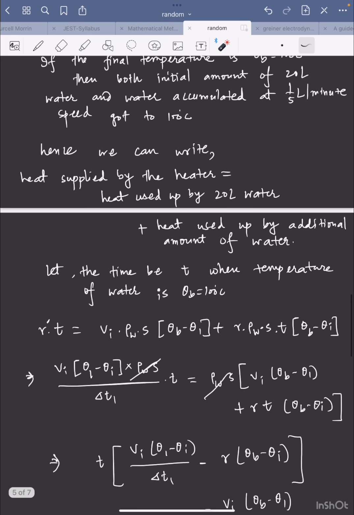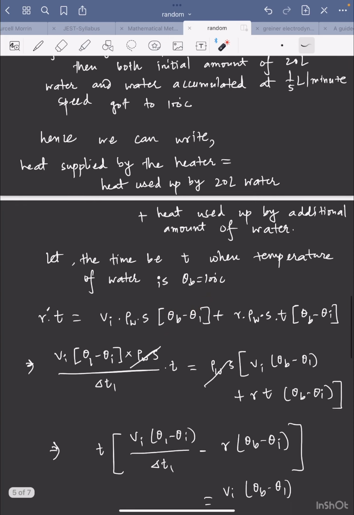So R dash into t equals Vi rho W S (theta b minus theta 1), because the initial 20 liter, after the starting of pouring of 1/5 liter per minute water, had temperature theta 1, so it goes to theta b from theta 1. And the water which is coming at a rate R, 1/5 liter per minute, has initial temperature theta I, 20 degrees centigrade, going to theta b, 100 degrees centigrade.